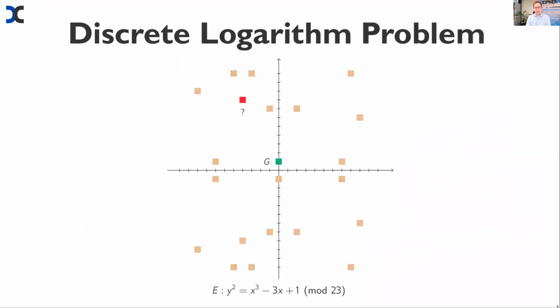And what this means is that we have a fast algorithm for computing scalar multiplications, but actually solving the inverse operation is extremely difficult. So if you know where the point where we started, G, and see the result point Q, it is very hard to find out the value of K if you don't know it beforehand.